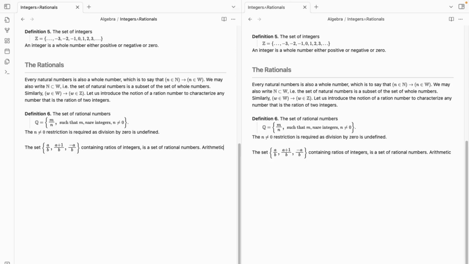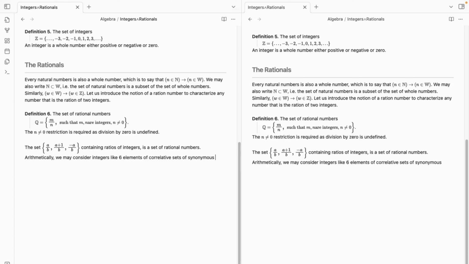Now, arithmetically, we may consider integers like 6 as elements of correlative sets of synonymous rational numbers.